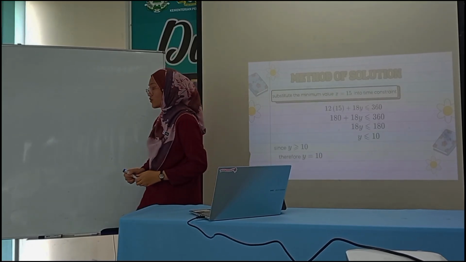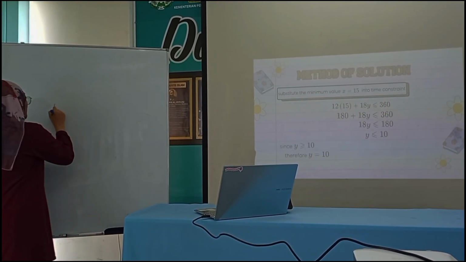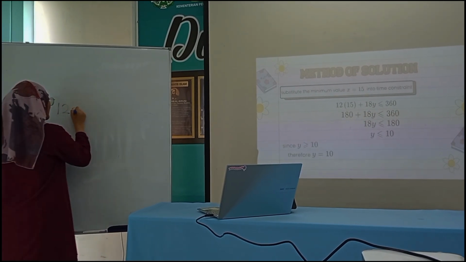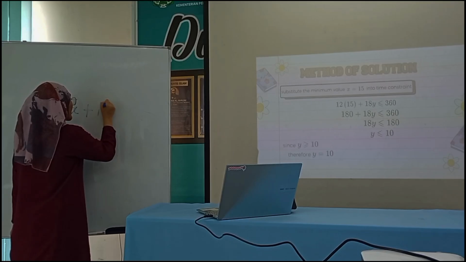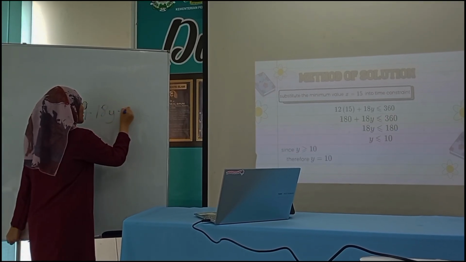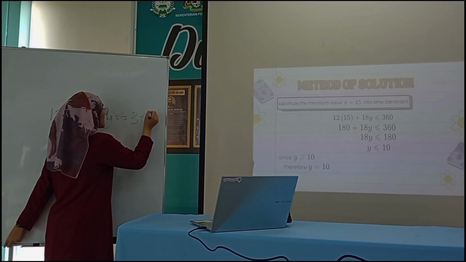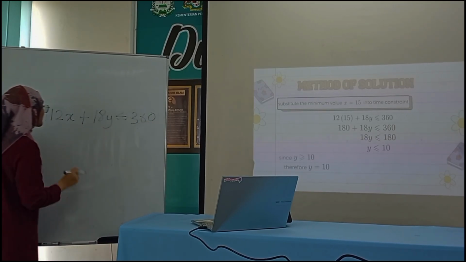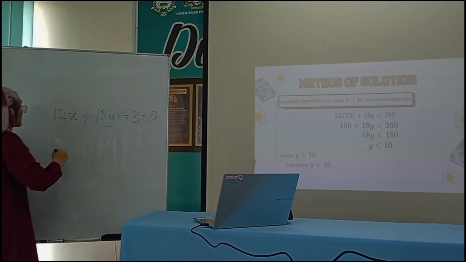As we know, the time constraint is 12x plus 18y less than or equal to 360. So we substitute x with 15.